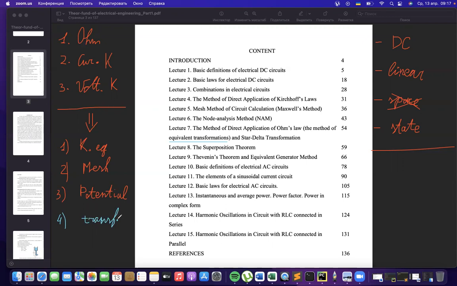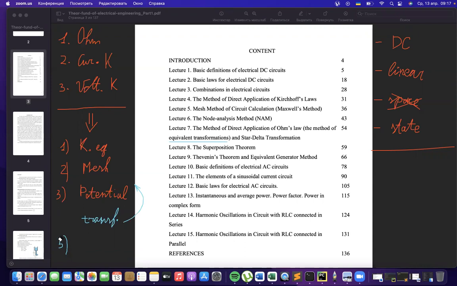It's just some additional part of a method, not a complete whole new method. Then the fifth topic will be this transformation. We could use it just as an additional part of any other method, just to substitute in the previous method.